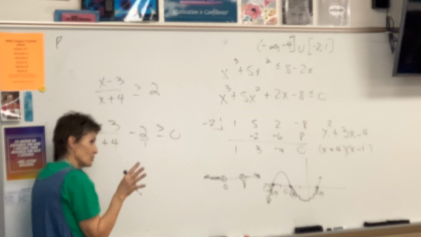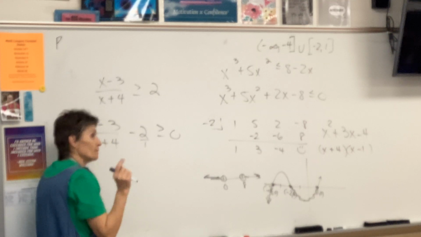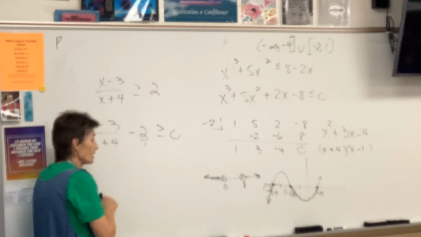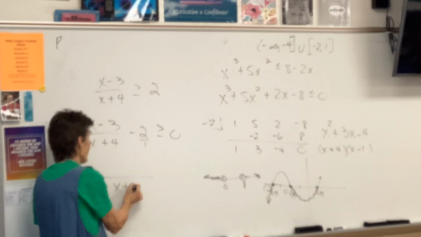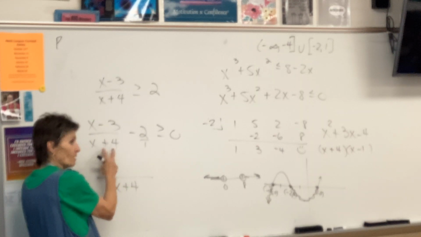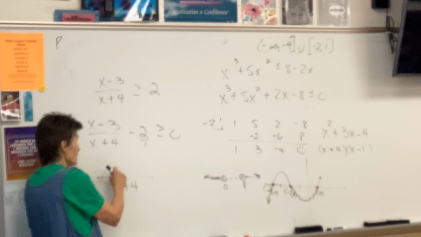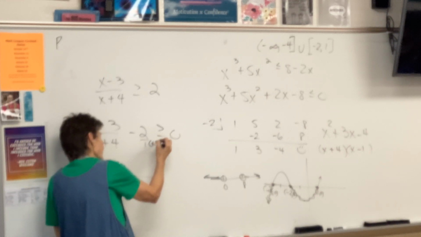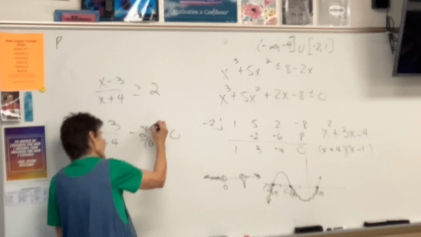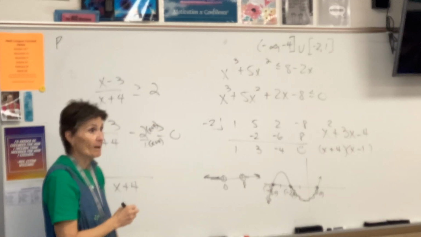And what do I always do? Since second grade, when I have a fraction minus a fraction, I get a common denominator. And my common denominator is that right there, x plus 4. So this one needs an x plus 4 on the top and the bottom, of course.